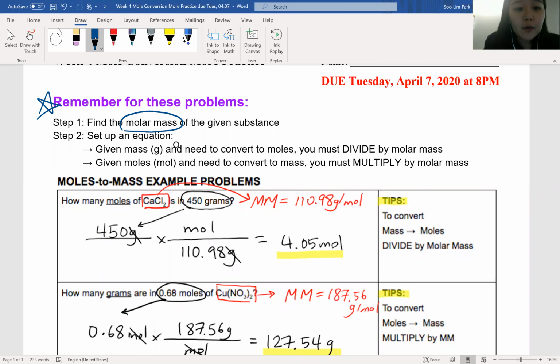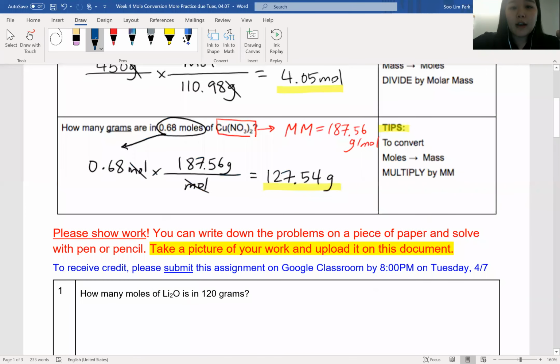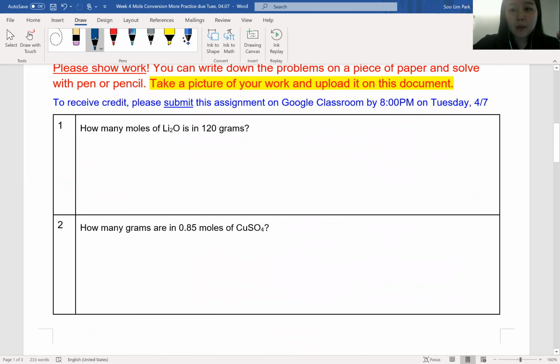If you're given grams, mass, and you need to convert to moles, you always divide by the molar mass. And if you're given moles and you need to convert to mass, you always multiply by the molar mass. So keep that in mind when you do these problems. You can see my example problems up here, but I'm going to go straight into the practice problems.